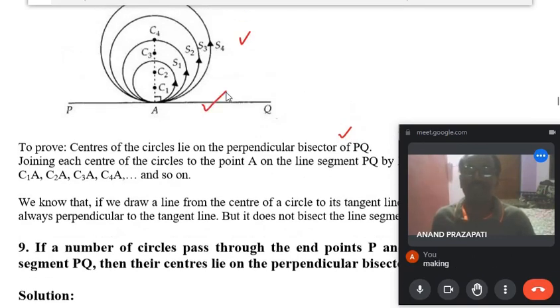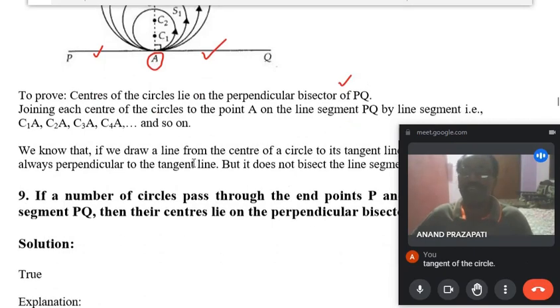This is PQ, and A is the midpoint of PQ, and A is a common point of the tangent PQ and the radius of the circles S1, S2, S3 and S4. So we know that the radius of a circle is perpendicular to the tangent of the circle.